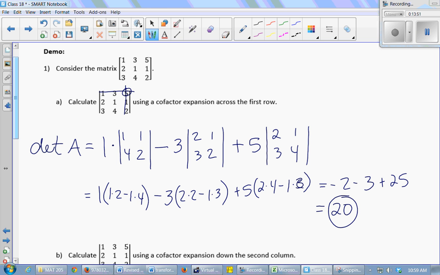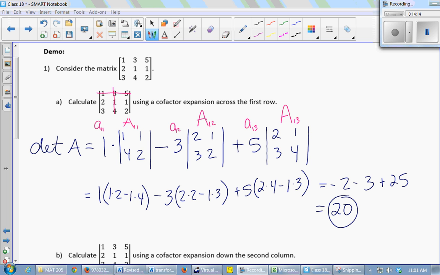Not quite so bad, right? Once you do an example. 1 times 3, sorry. So this is the cofactor expansion across the first row.